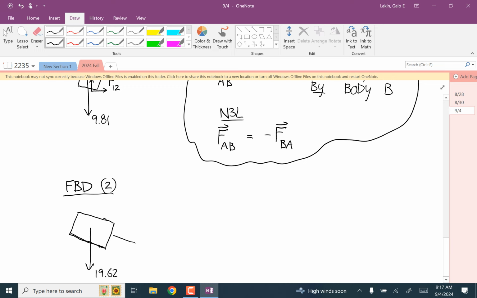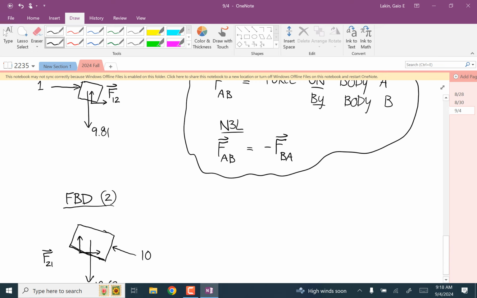We have a force this way of 10 newtons. And then the only thing we have left is the friction force applied to the 2 by the 1. I'll write it as the force on 2 by 1.